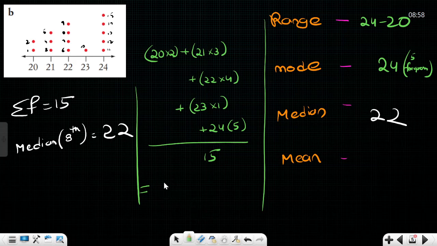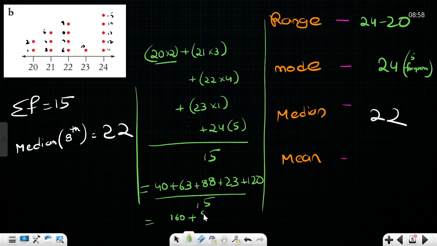Akshita, calculate this value. 40 plus 63 plus 88 plus 23 plus 120 by 15. Once you calculate this, whatever value you get, check it at the back whether that value is matching or not.